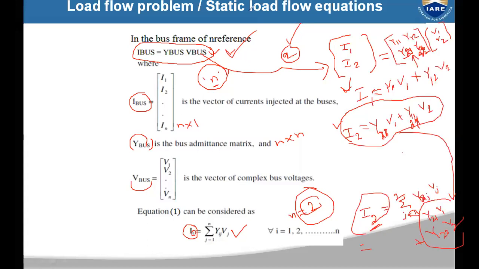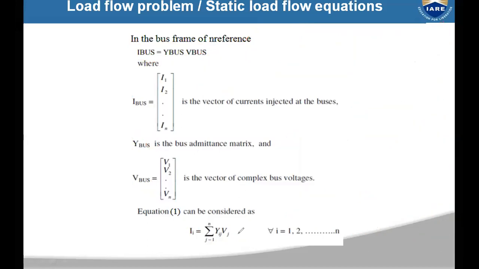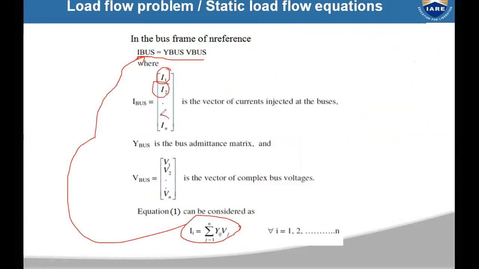Is it understood? Right. So now this is the same as this equation: I bus is equal to Y bus into V bus. This I bus is a vector of all the currents injected into the buses.